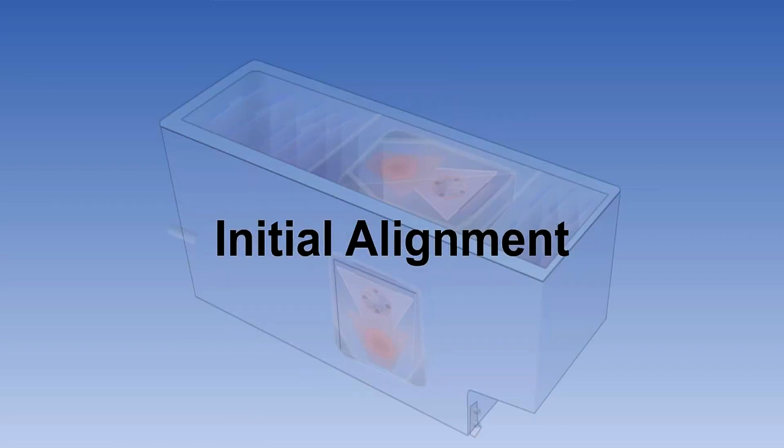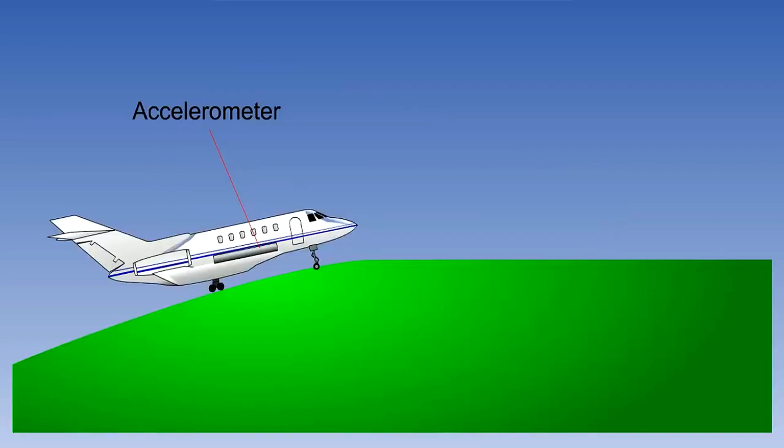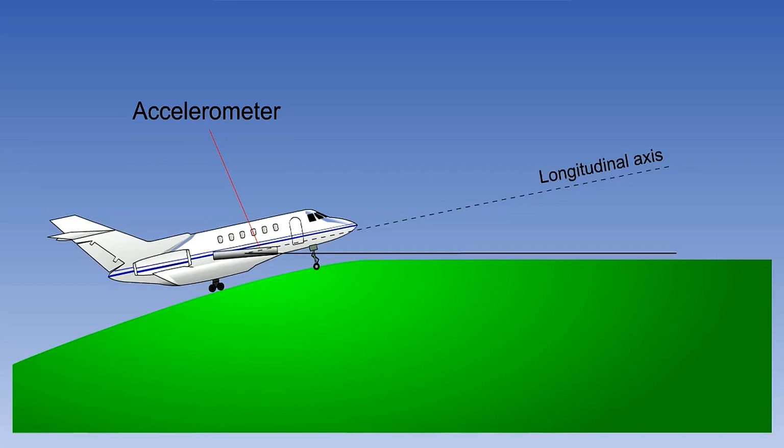The axis transformation system needs to establish the horizontal level and the direction of true north, just as the platform in INS did. Here is an INS-equipped aircraft with a platform parked on sloping ground. Here is its longitudinal axis. During the leveling phase of alignment, the platform and the accelerometer mounted on it would be driven down to the horizontal.